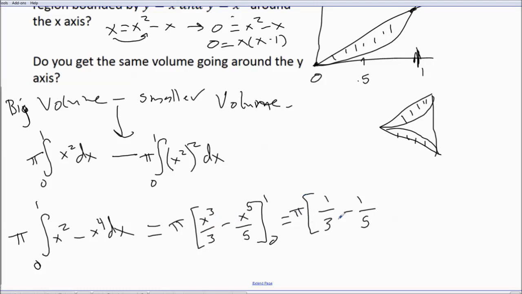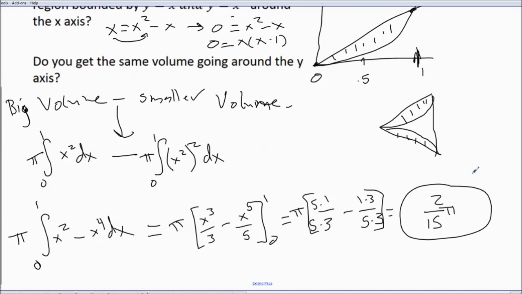Okay, pi. I think I'm going to get some common denominators here, so I'm going to multiply by 5, and I'm going to multiply by 3. This is the old algebra trick to get common denominators. And so now, using a little bit of mental math, I have 5 minus 3, so that's 2. And then 5 times 3 is 15. And don't forget the pi.